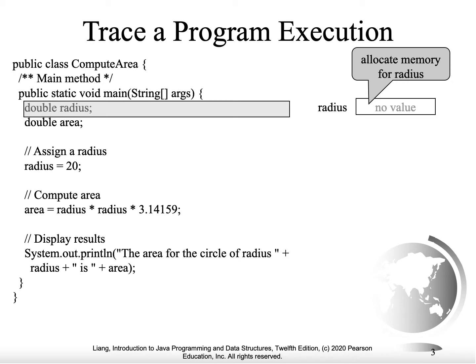The amount of space that I need is enough to hold a double, and that's a keyword in Java. We'll get into what that means a little bit later. And call this space radius, so that when I refer to radius in the future, you know to go to this very address, this space in memory, and get the information contained there.